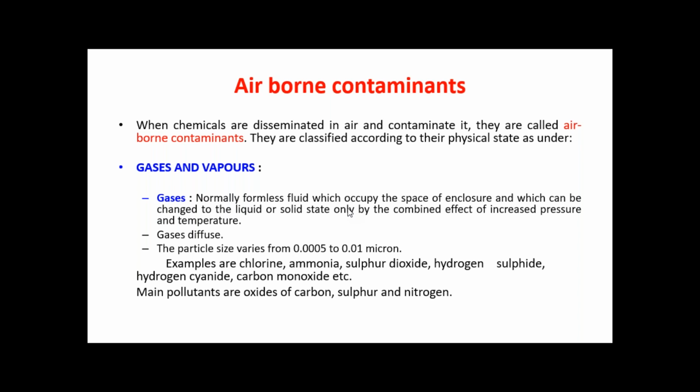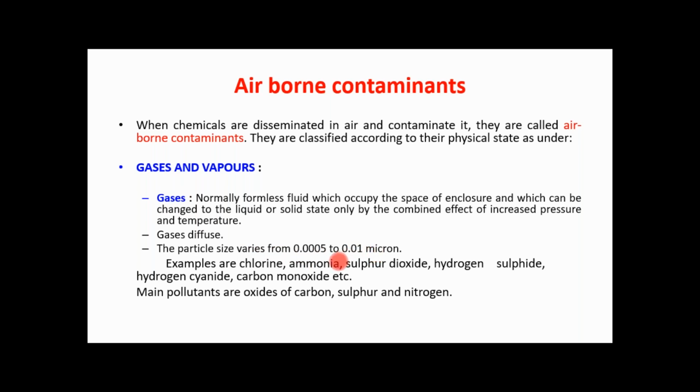The main chemical or the main pollutant in this area, when we are talking about industrial hygiene, is airborne contaminants. The airborne contaminants may be gases and vapors. That is one of the airborne contaminants. Other contaminants we will discuss later on. So gases, we know about the gas characteristics, and the particle size of these gases is from 0.005 to 0.01 micron.